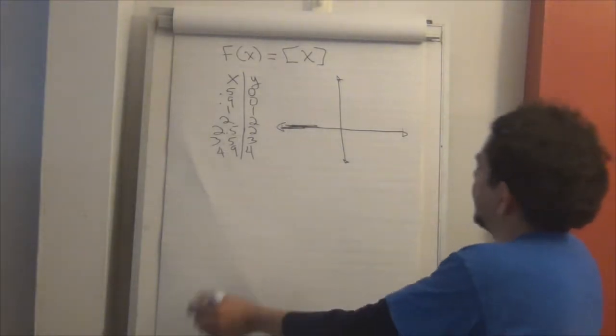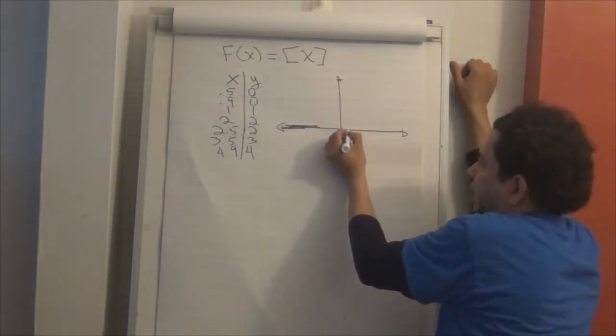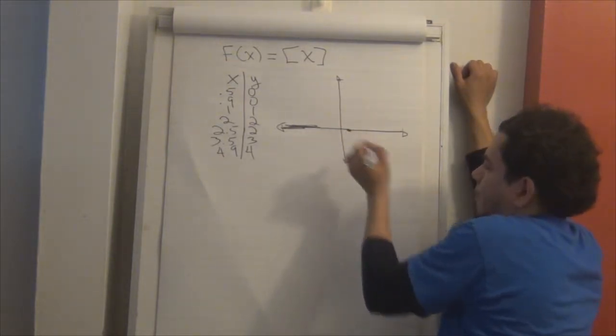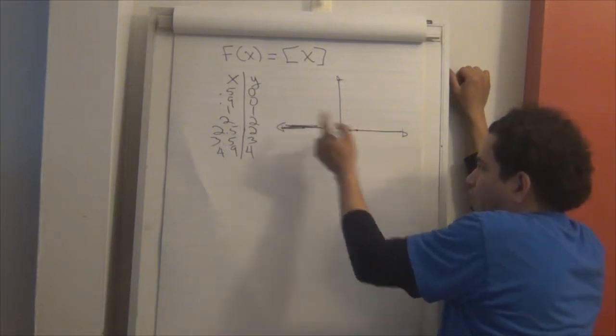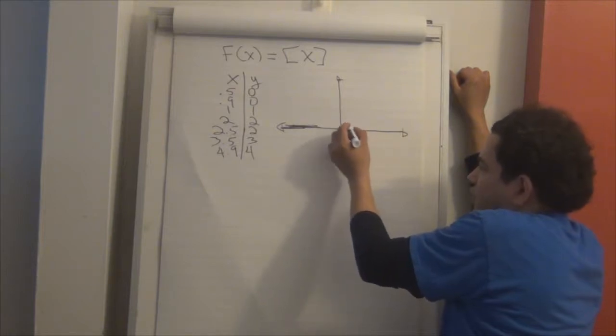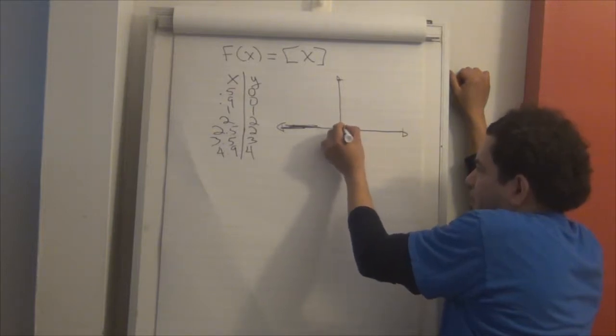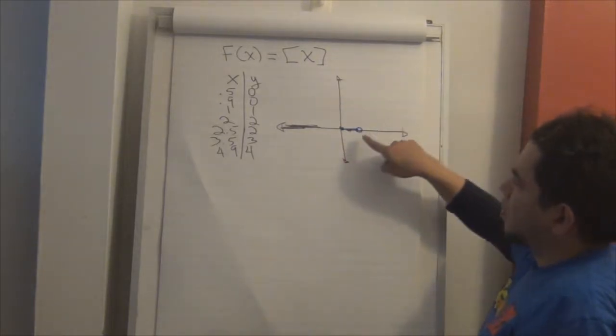So when x is 0.5 around here, y is 0. When x is 0.9 right here, y is still 0. So then I go from here and I'm going to go all the way to 1, and I am going to leave an open circle.